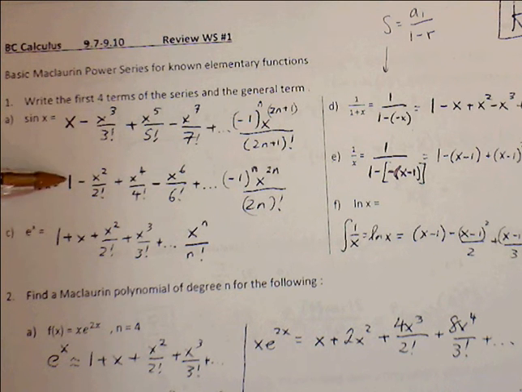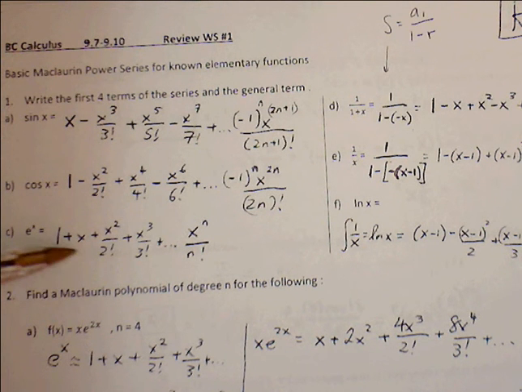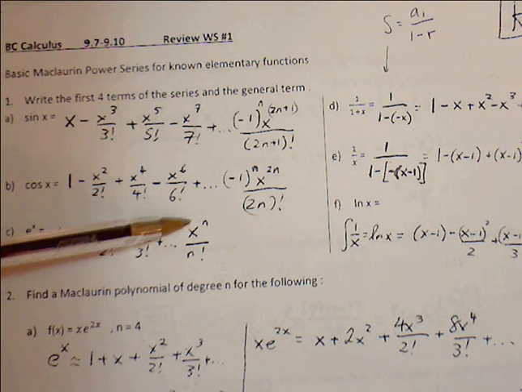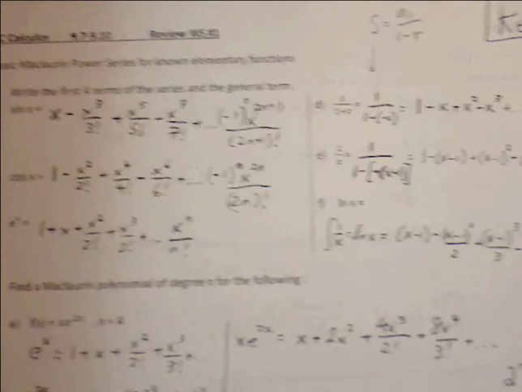So cosine starts with the 1, x is the next term with the sine, x squared over 2 factorial, x cubed over 3 factorial. The only thing is that with e to the x, all the signs for each term will be positive. And the general rule is simply x to the n over n factorial.